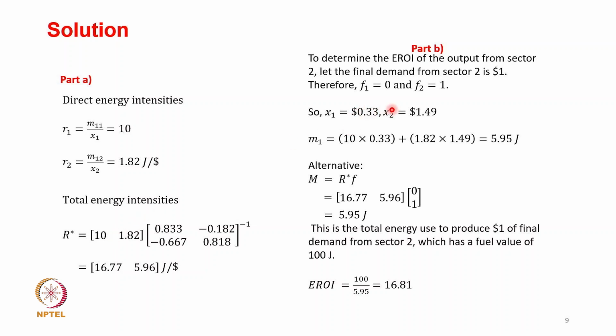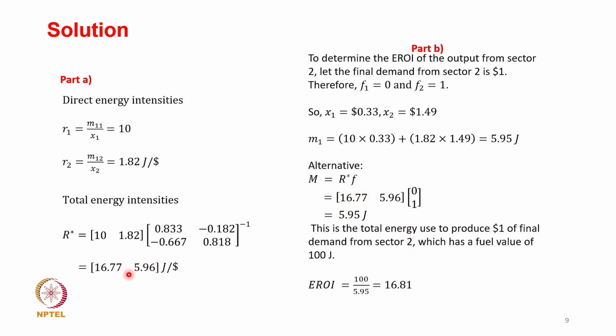So you multiply: m1 value is equal to 10 times 0.33 plus 1.82 times 1.49, which is what we have obtained, because this is the x2 value, and this translates to 5.95 joules.